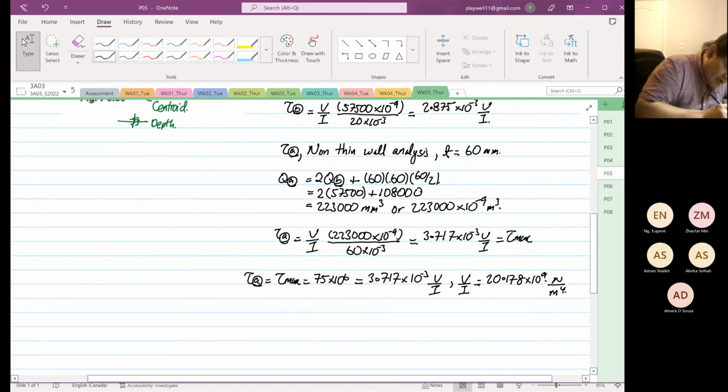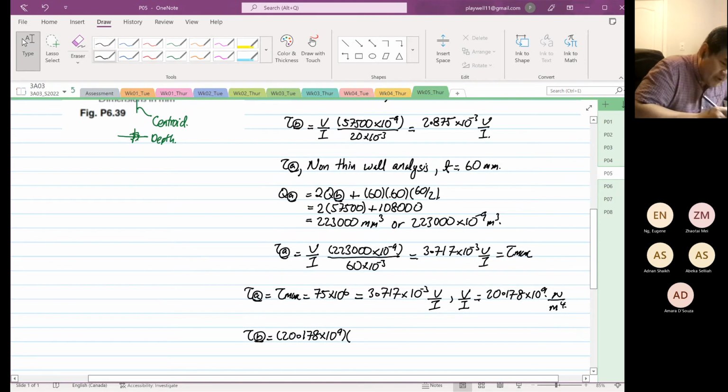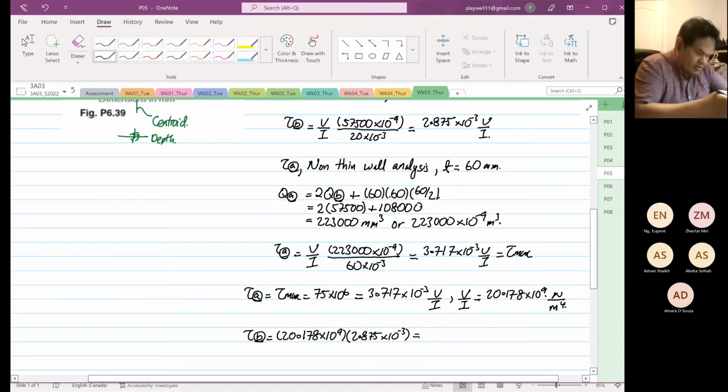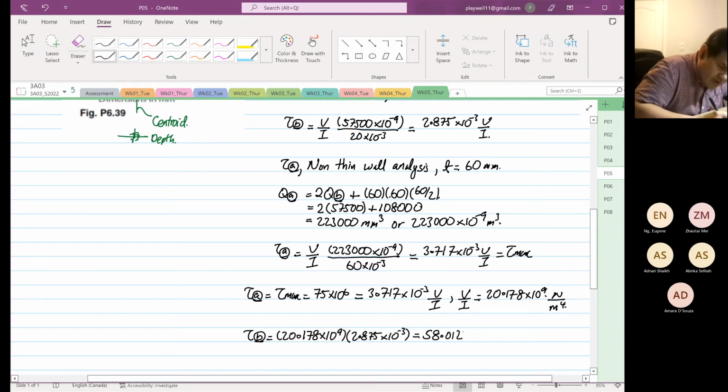Okay, so from here, the shear stress at point B will be equal to 20.178 times 10 to the power 9, and at point B is 2.875 times 10 to the power minus 3. Okay, so 20.178 times 10 to the power 9 times 2.875 times 10 to the power minus 3 is equal to 58.012 times 10 to the power 6 Pascal.